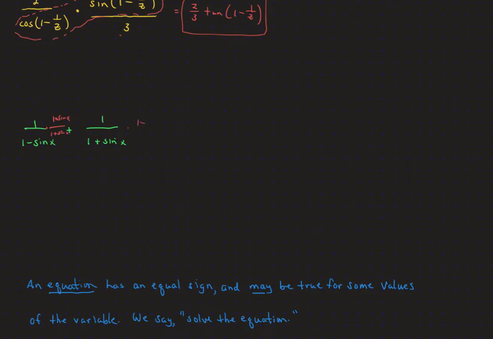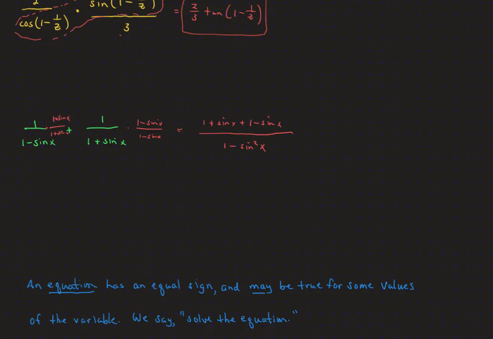And the second one, we'll multiply top and bottom by 1 minus sine x over 1 minus sine x.